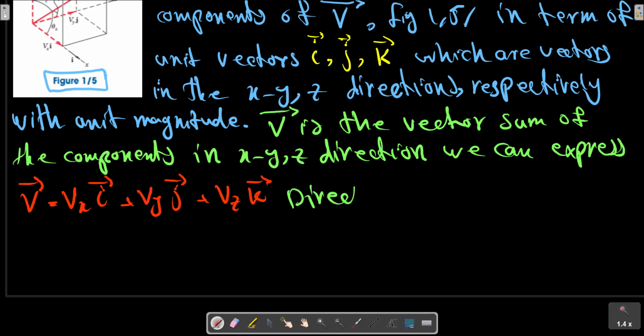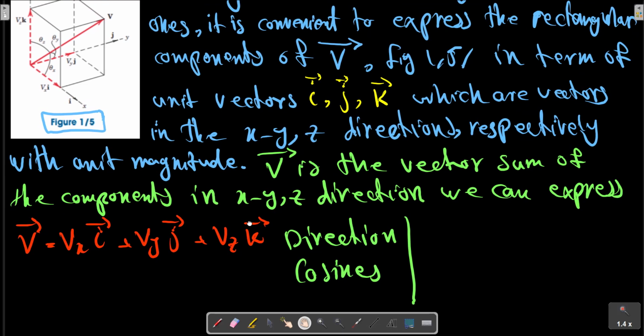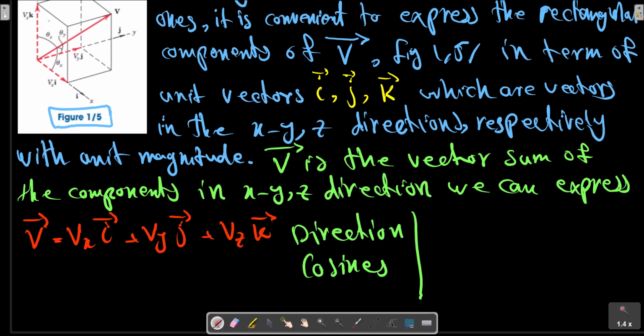We now make use of the direction cosines l, m, and n of V: l equals cosine theta x, m equals cosine theta y, and n equals cosine theta z.